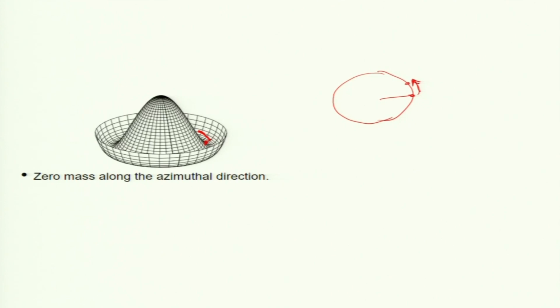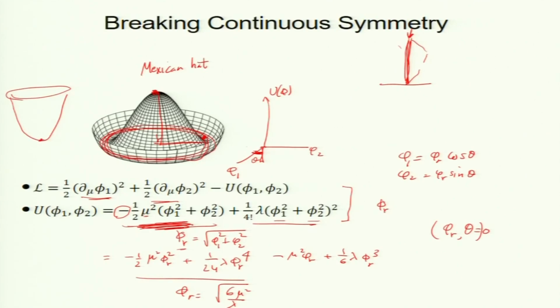Okay, so for this part the mass is 0. Which is the mass term in our Lagrangian? I think it is important to emphasize this. This is a mass term: mu squared phi squared, the coefficient of phi squared, is the mass term.